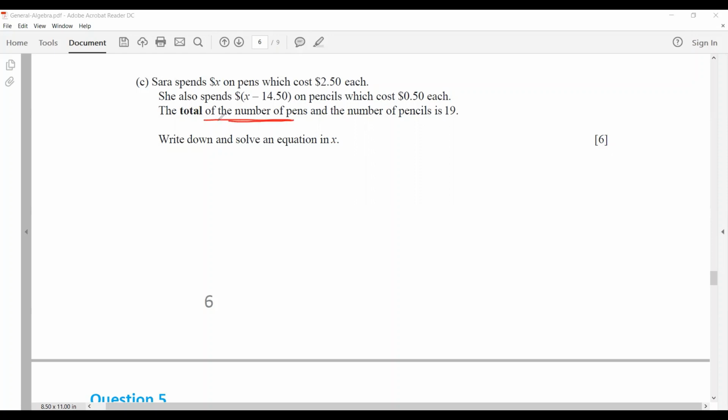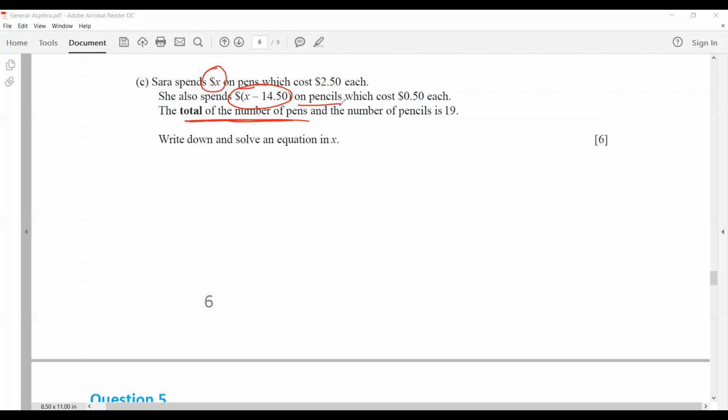However, whatever we have here is basically the total amount she spends on pens and the amount she spends on pencils. So if you want to find out the number of pens or pencils, you have to divide. I hope it's clear.